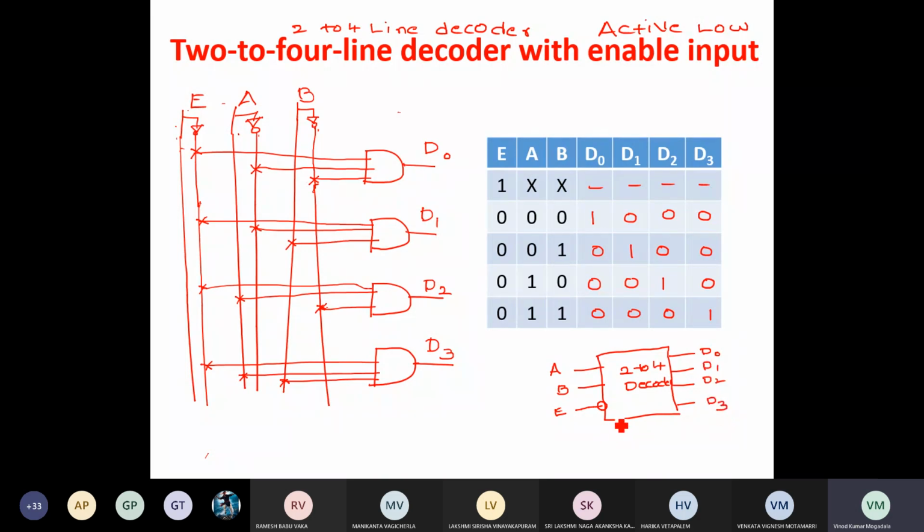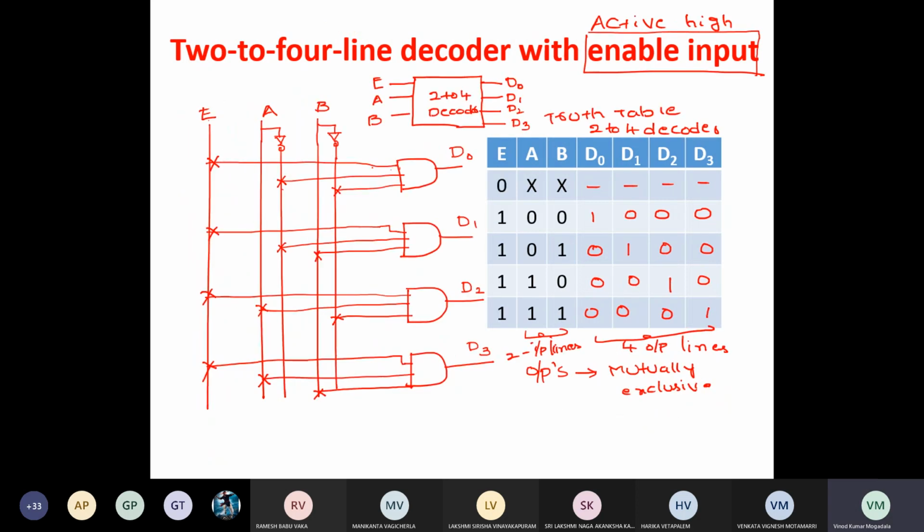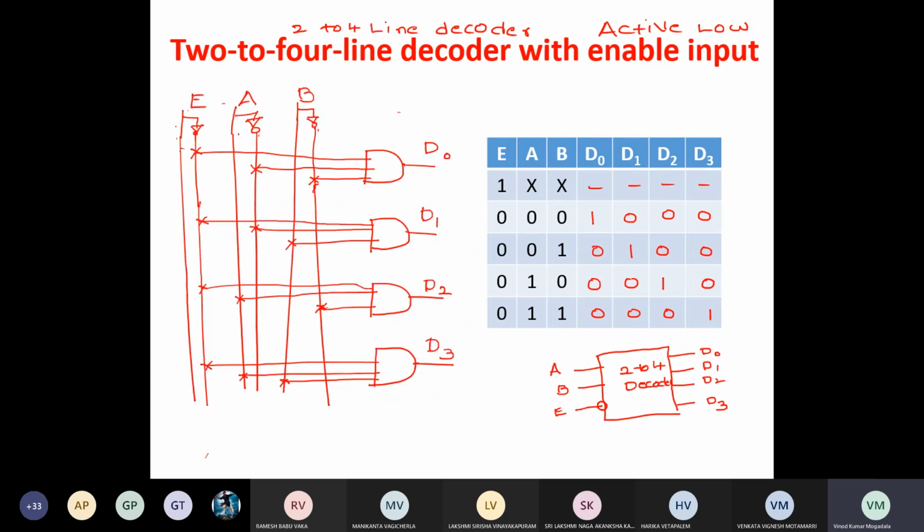So in the block diagram representation, we differentiate active high and active low enable input with a bubble. If it is active low enable input, we pass the enable input through an inverter or bubble, whereas if it is active high, we simply connect the enable input directly to the 2 to 4 line decoder.